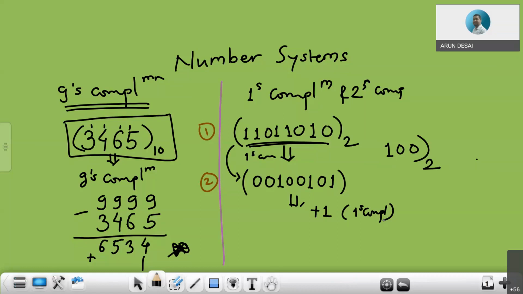In that case, why actually are we using the two's complement method? This method is used to subtract, right? By using the two's complement method, we are using it for subtraction, right?